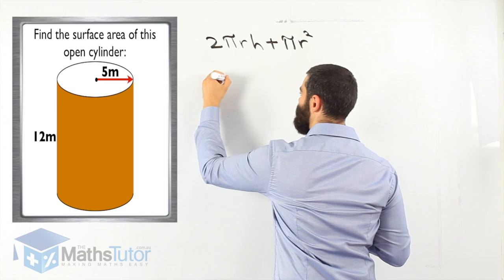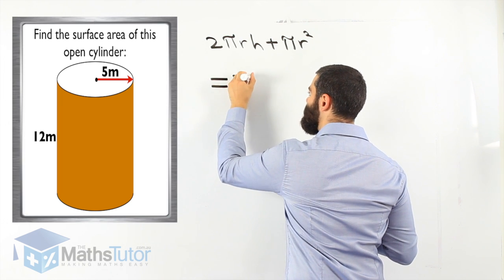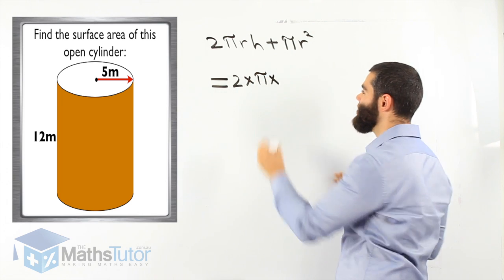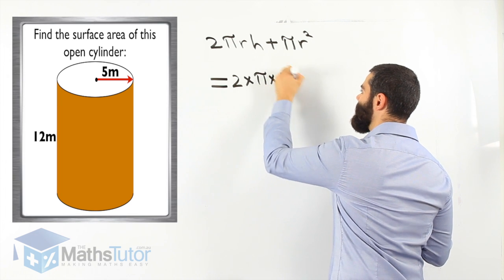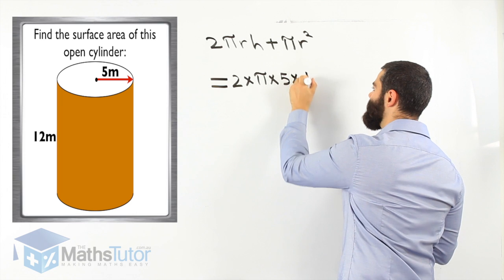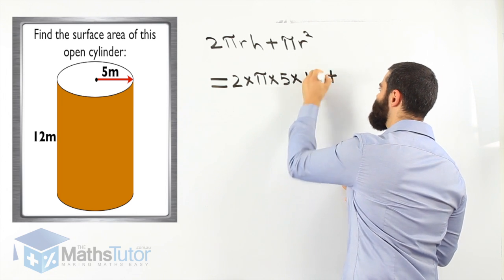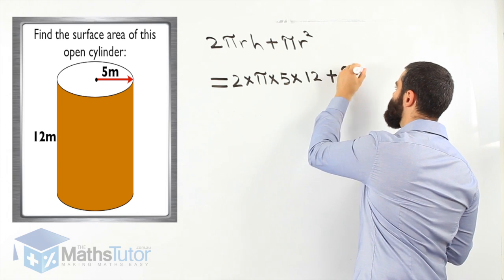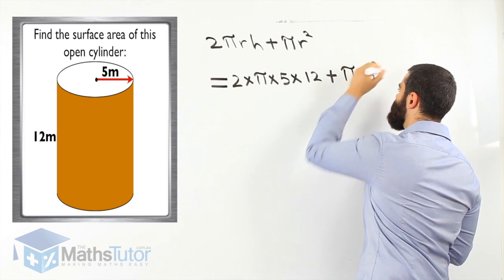Now let's work it out. 2 times pi times the radius. Now the radius here is 5 and the height of the cylinder is 12. Plus the circular end down the bottom is pi times 5 squared.